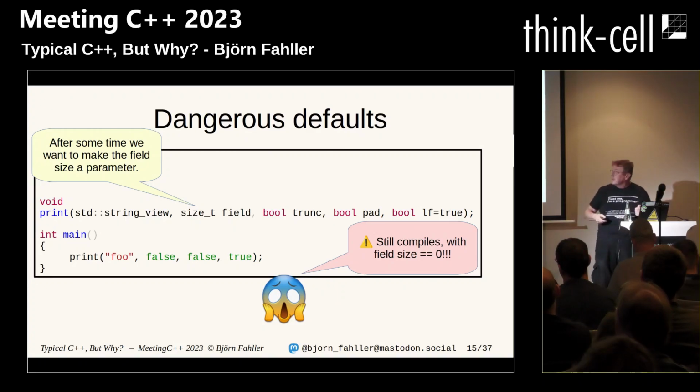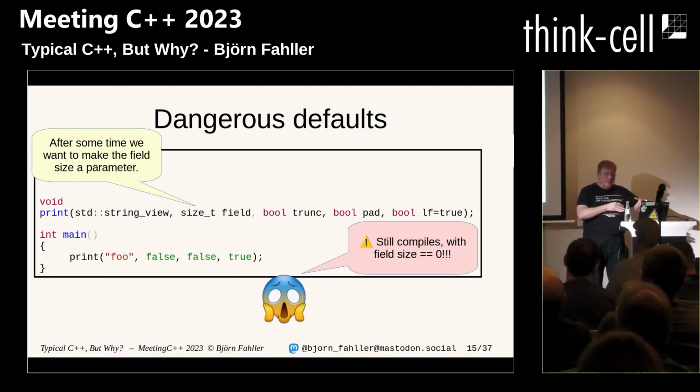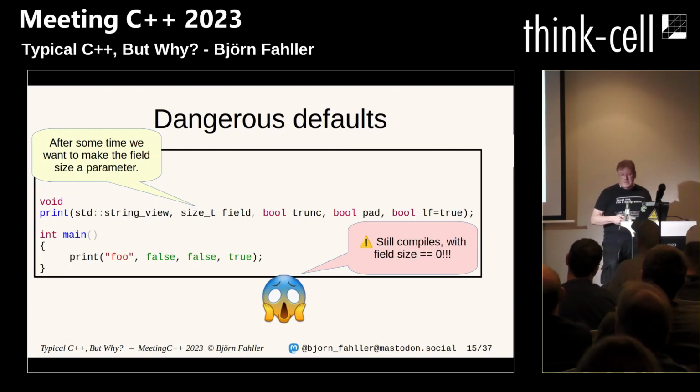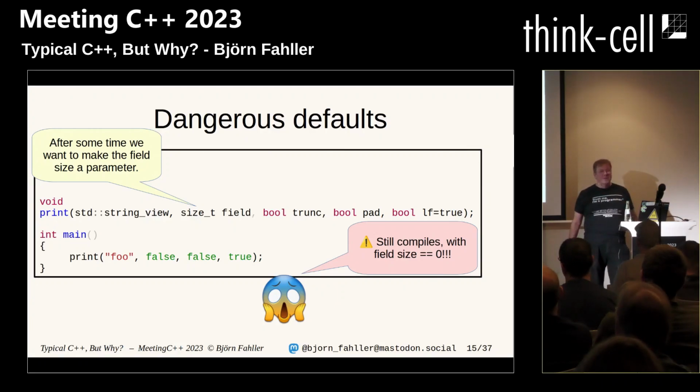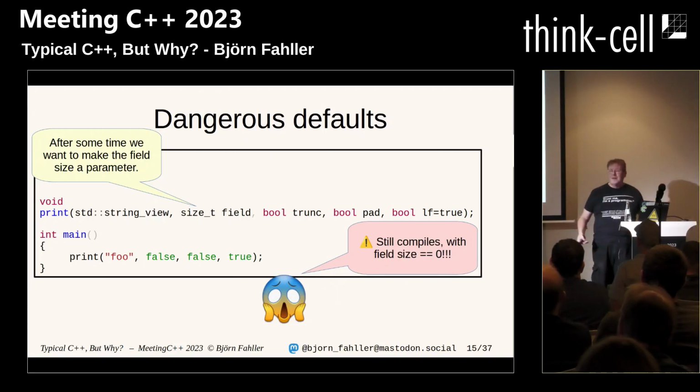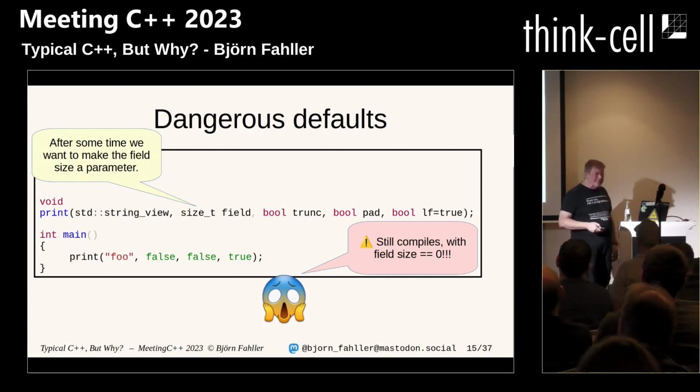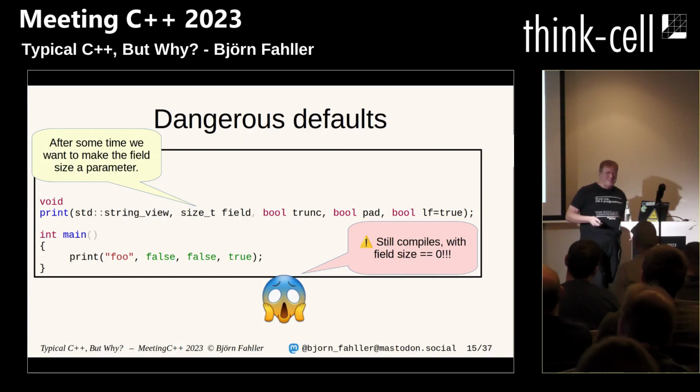They added a new thing early in the function signature. And it compiled. They of course made the changes that they saw, but there were hundreds of call sites and they missed a couple. And it took them days to hunt it down. Because unfortunately, the program didn't just crash and burn. Had it done that, it would have been easily caught. But it just sometimes behaved a little bit oddly.